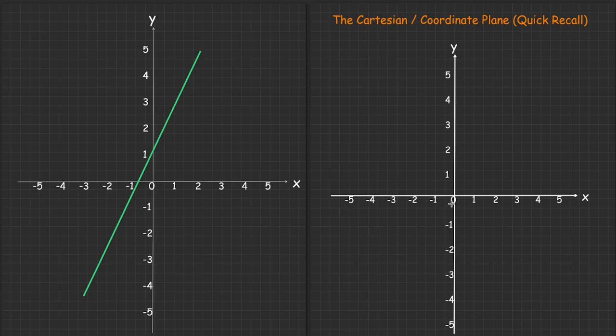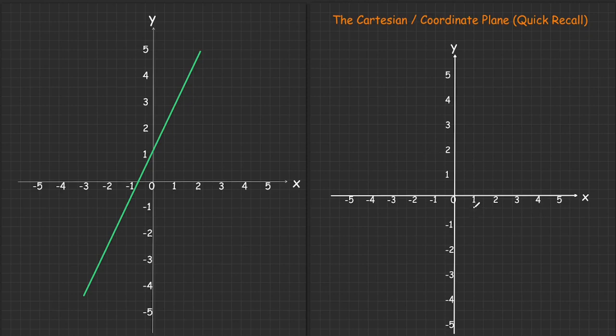On the y-axis as well, we also label. Going upward, we have the positive intervals in increasing order with respect to your scale, and then coming down, you have decreasing order with respect to your scale. In between the axes, we have the origin.